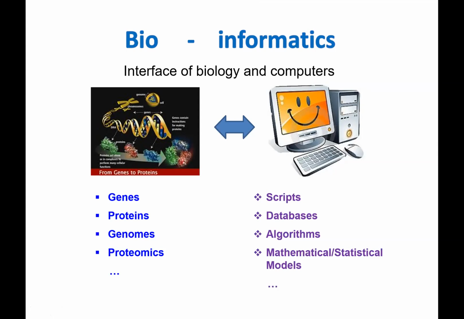That means we should do research in genomics or proteomics. Because we have so much data, we must use computational tools to analyze it. We must store this gene or protein information in databases, and we need to develop algorithms and also statistical models to analyze this data.